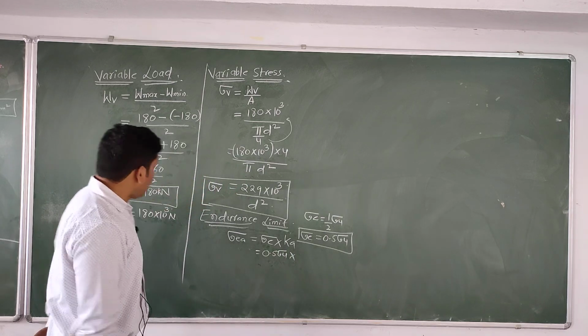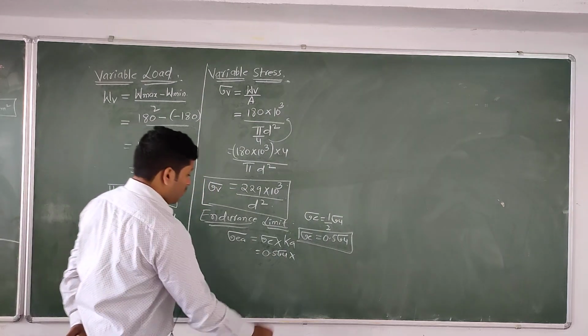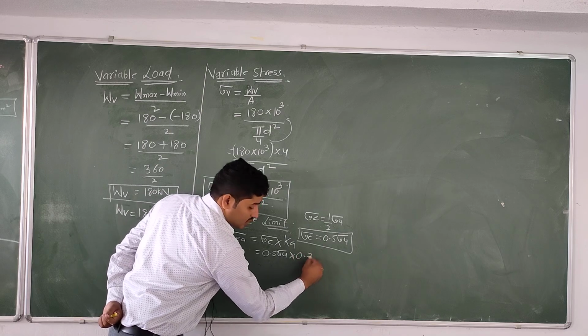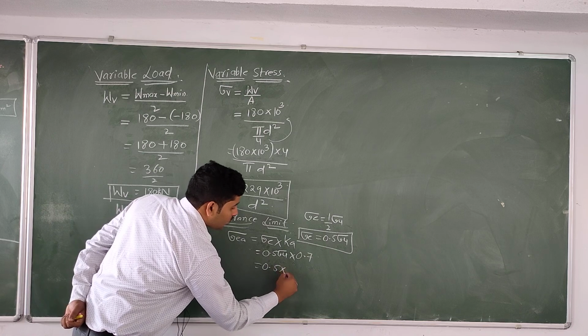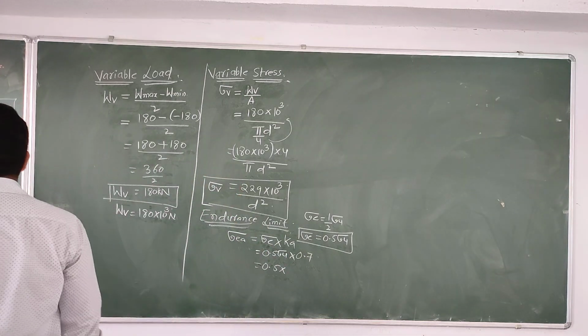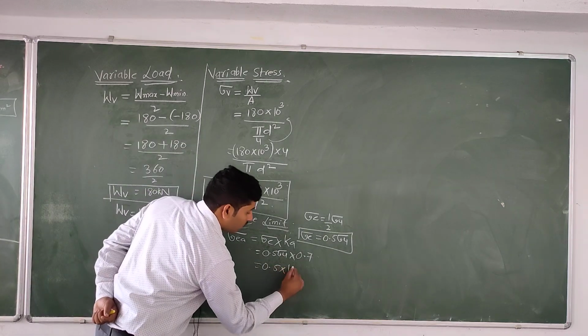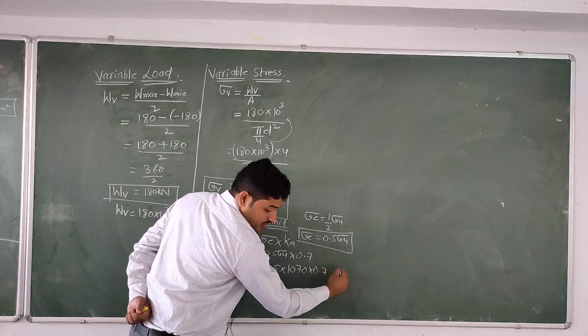How much is given here? The load factor is given as 0.7. Then 0.5 into sigma U. Sigma U, how much do we get here? 1070. 1070 into 0.7.